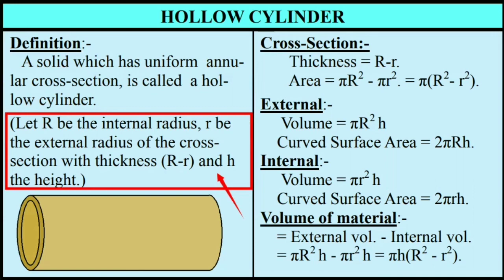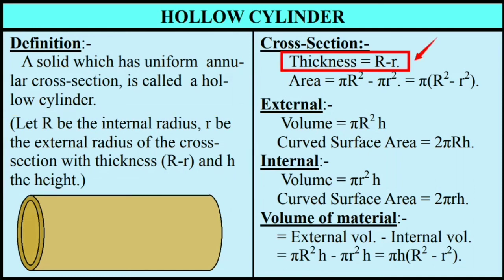In a hollow cylinder, capital R is generally used as the radius of the external circle, small r is used as the radius of the internal circle, where capital R minus small r is the thickness of the hollow cylinder and h is its height.